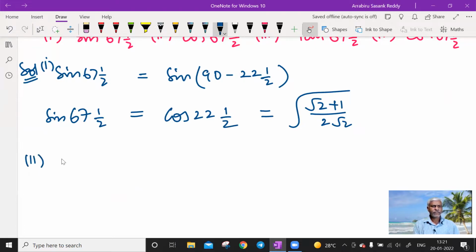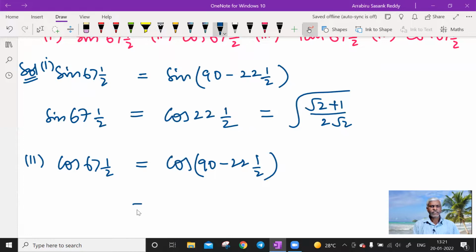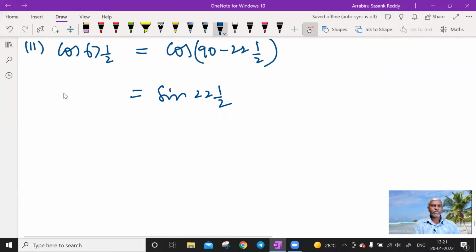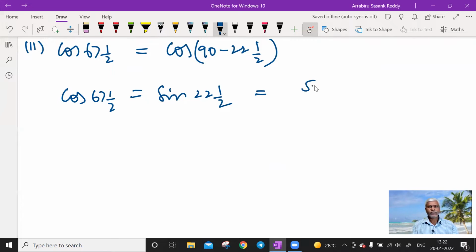Similarly, cos 67 and a half is equal to cos of 90 minus 22 and a half, so that is equal to sin 22 and a half. So therefore, cos 67 and a half is equal to sin 22 and a half, that is under root root 2 minus 1 by 2 root 2.